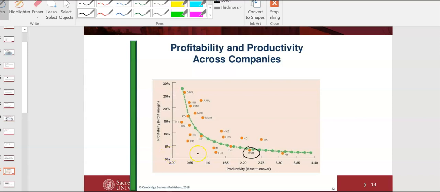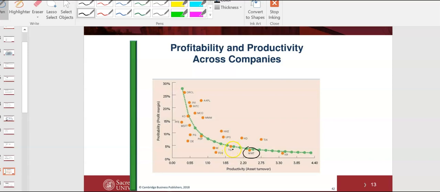Does that make sense? Well, that's exactly what Walmart's business model is. Where would we expect Target to be compared to Walmart? We would expect Target's prices to be a little bit higher, so we see a little bit higher profit margin and a little bit lower asset turnover. Of course, if you charge higher prices, that's probably going to result in having fewer sales.